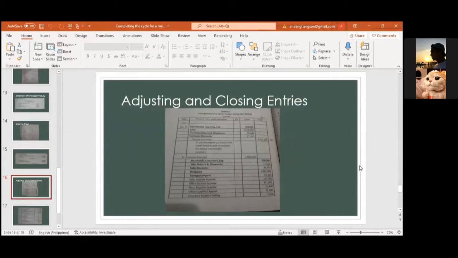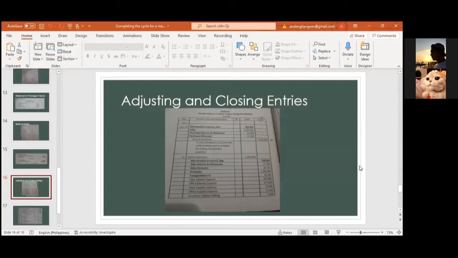The basic steps in the closing process are modified slightly. So, closing the revenue accounts with credit balances, transferring the credit balances in the revenue accounts to a clearing account called income summary. And next, closing the expense accounts and contra revenue accounts.